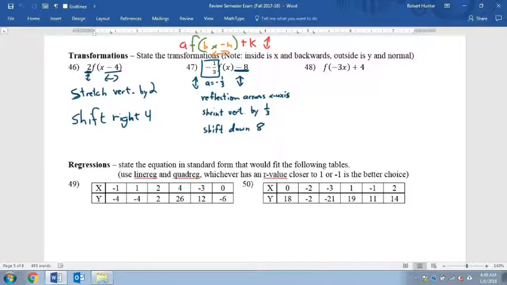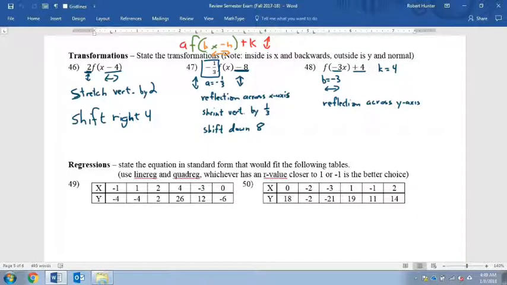Last but not least, 48. Your B value is negative 3, so that's going left and right. And then you've got this out here, that's your K value, equals 4. Okay, so if my B value is negative 3, that is a reflection across the y-axis.